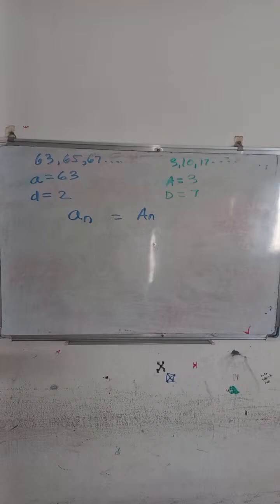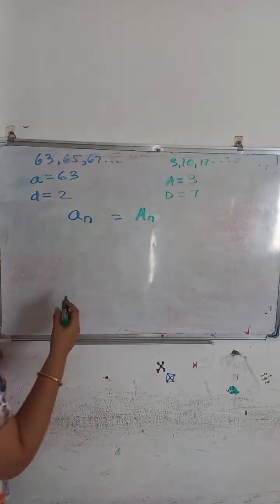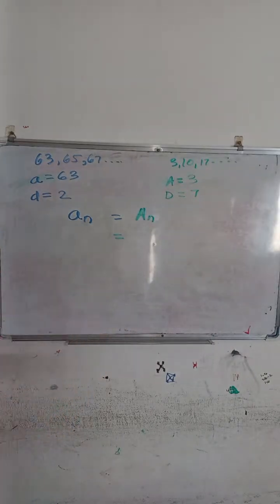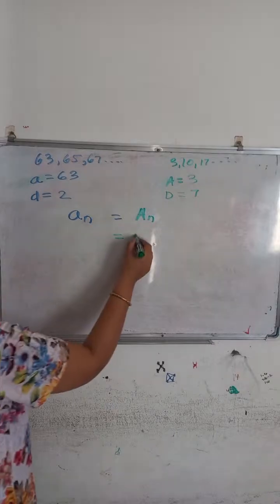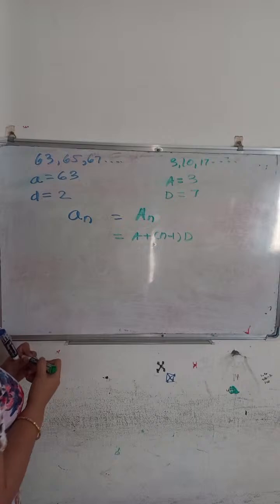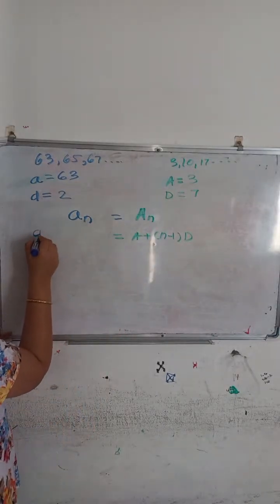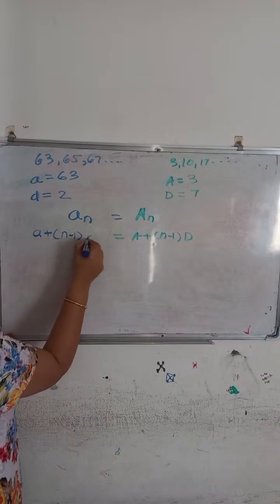So both the terms are equal. Then I will write this with green color only. Here we can write the formula as A plus n minus 1 into capital D, because here we took it as capital D, and here we can write a plus n minus 1 into d.